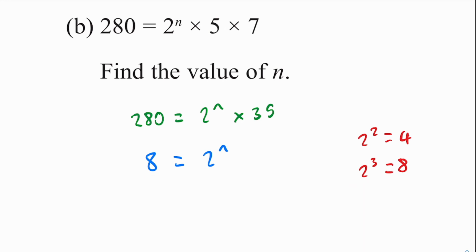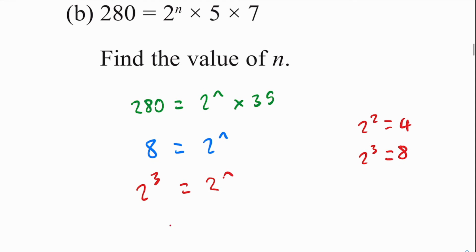So you've just got to spot this. Sometimes you will get questions like this where you've just got to try and spot any patterns you can. The big hint is we've got a base of 2 here, so we need to try and get this number with a base of 2, as in 2 cubed. So we've now got 2 cubed is equal to 2 to the power of n, and therefore from observation we can say that 3 is equal to n, or n is equal to 3.